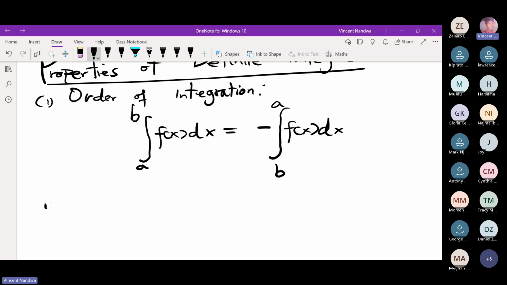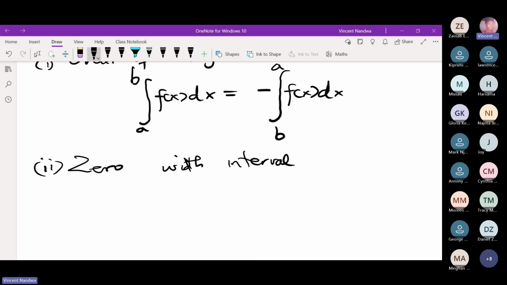Then property number 2 is what we'll call zero width interval. Zero width interval means that if your lower limit is the same as the upper limit, then the value of integration is 0. So the integral from a to a of f of x dx is 0.